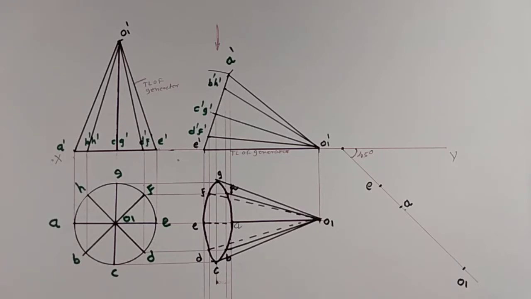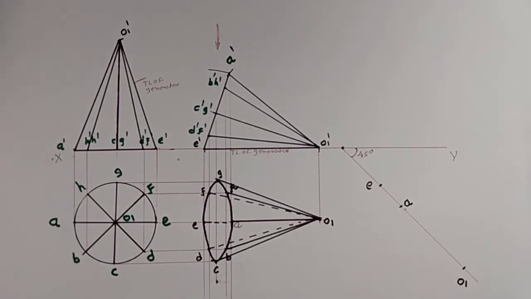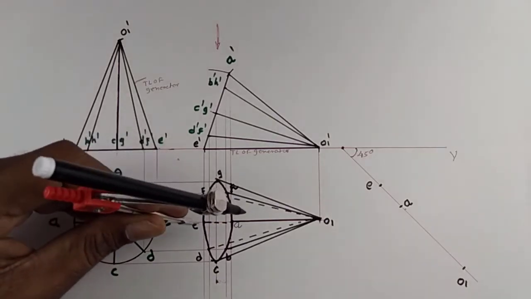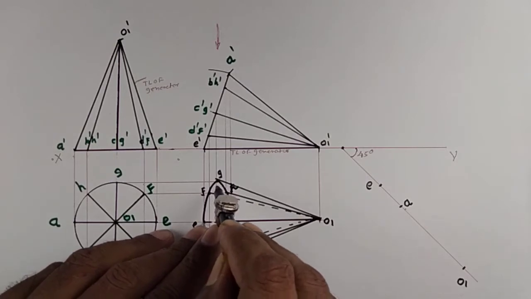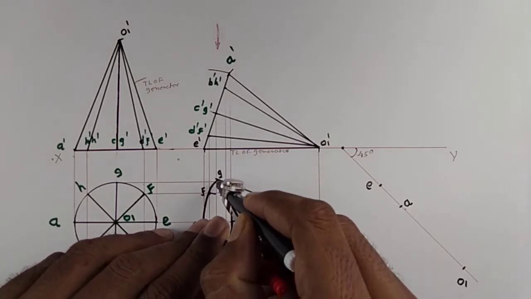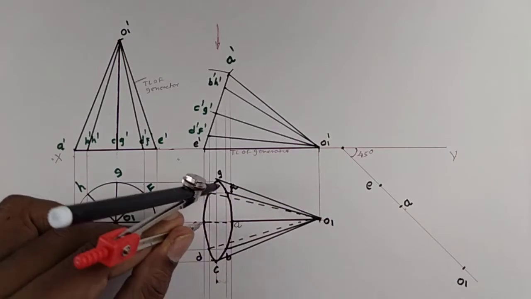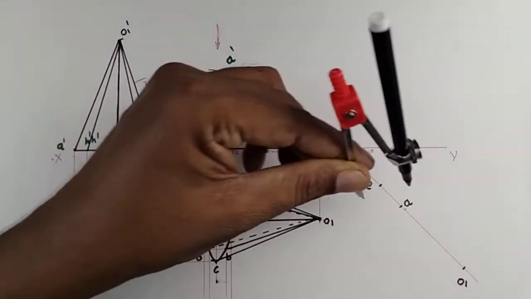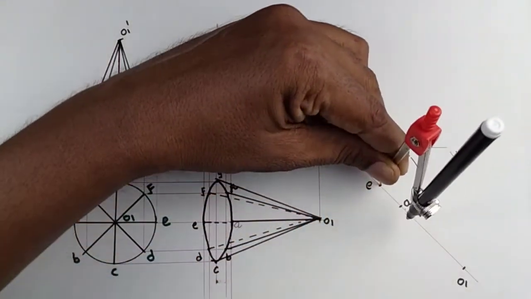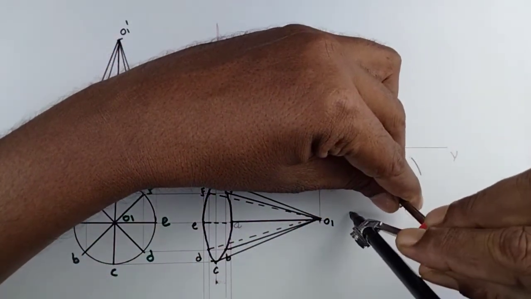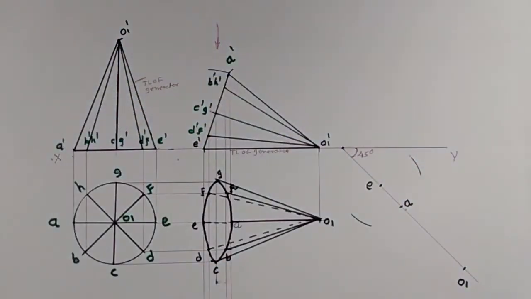Now other points we can get with help of arc method. So what I do, I know the E point. So from E to G, I choose the radius. E to C point, E point center, one arc, same arc on other direction. This for C point. Now you have the O1 point.